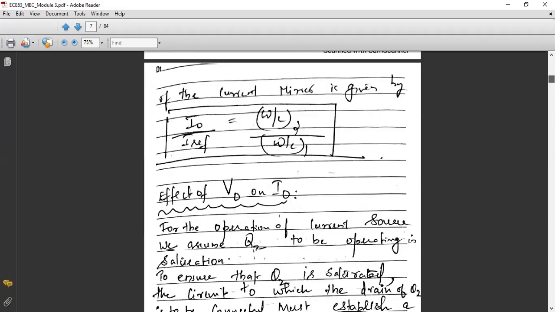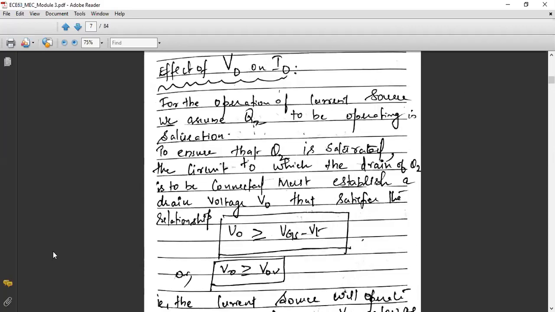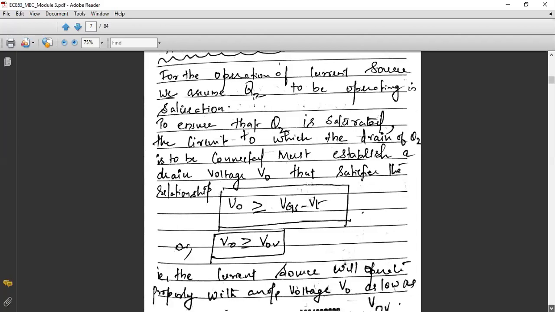So you can substitute the condition as V0 greater than or equal to VGS minus VT. And VGS minus VT is nothing but VOV, otherwise known as the overdrive voltage. So this particular condition we need to ensure for the proper working of any current mirror or current source circuit.